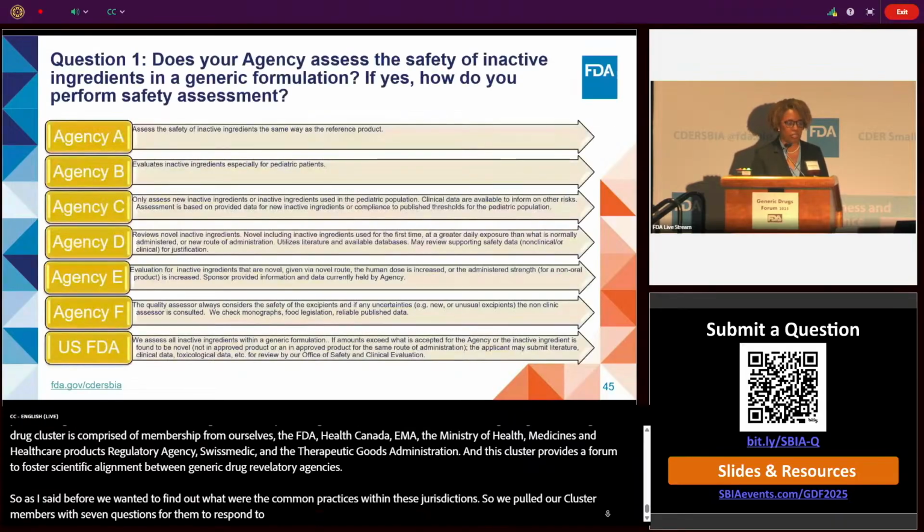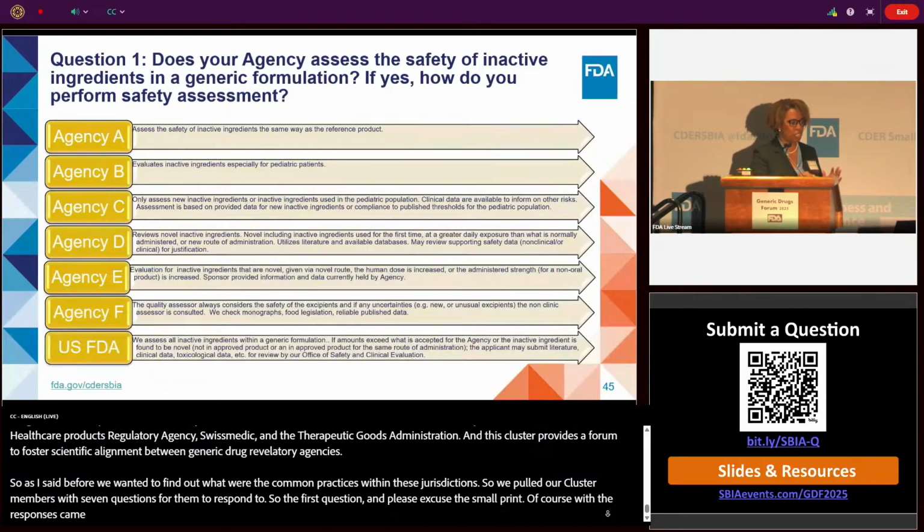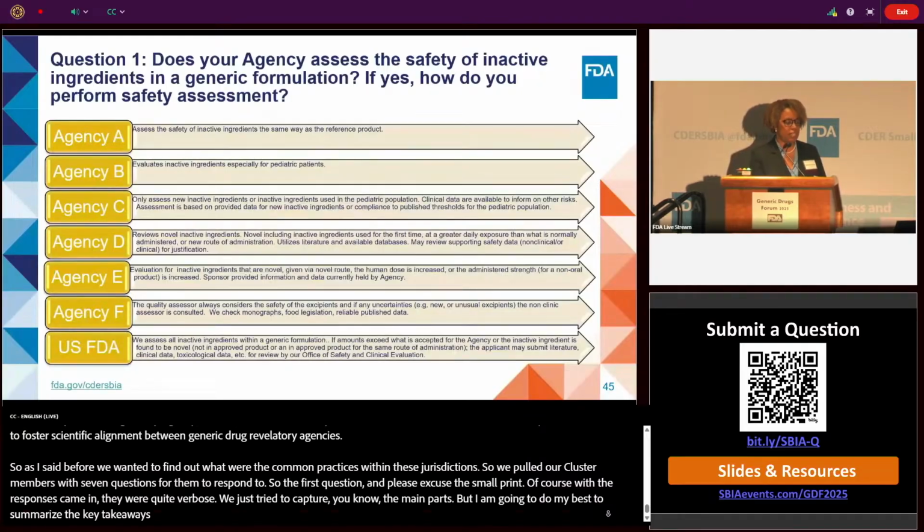So the first question, and please excuse the small print. Of course, when the responses came in, they were quite verbose. We just tried to capture the main parts, but I'm going to do my best to summarize the key takeaways from each question. So the first question, does your agency assess the safety of inactive ingredients in a generic formulation? And if you do, how is that performed?